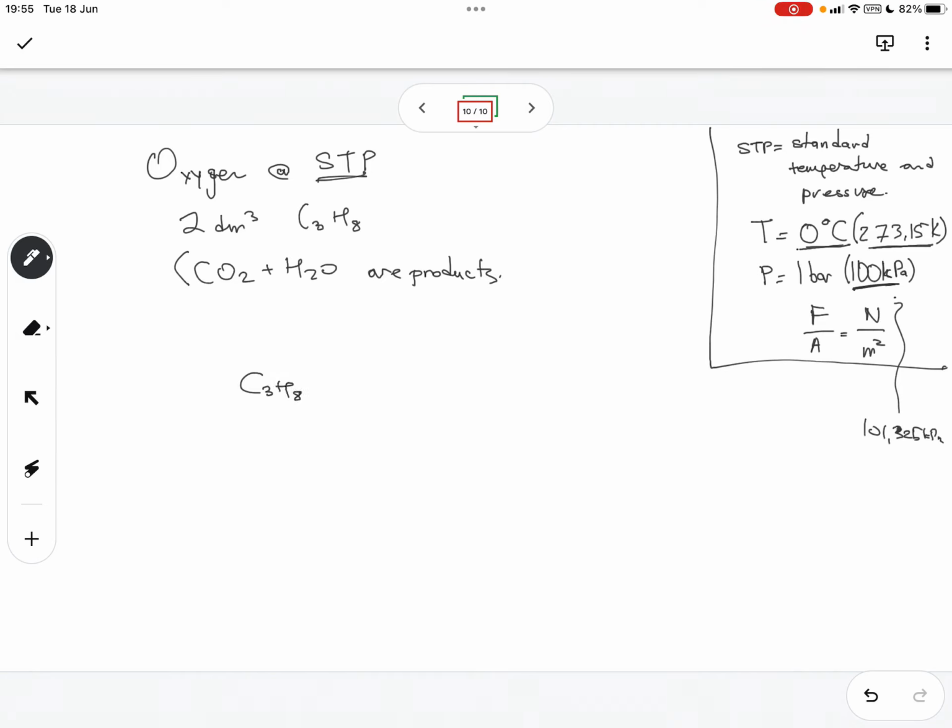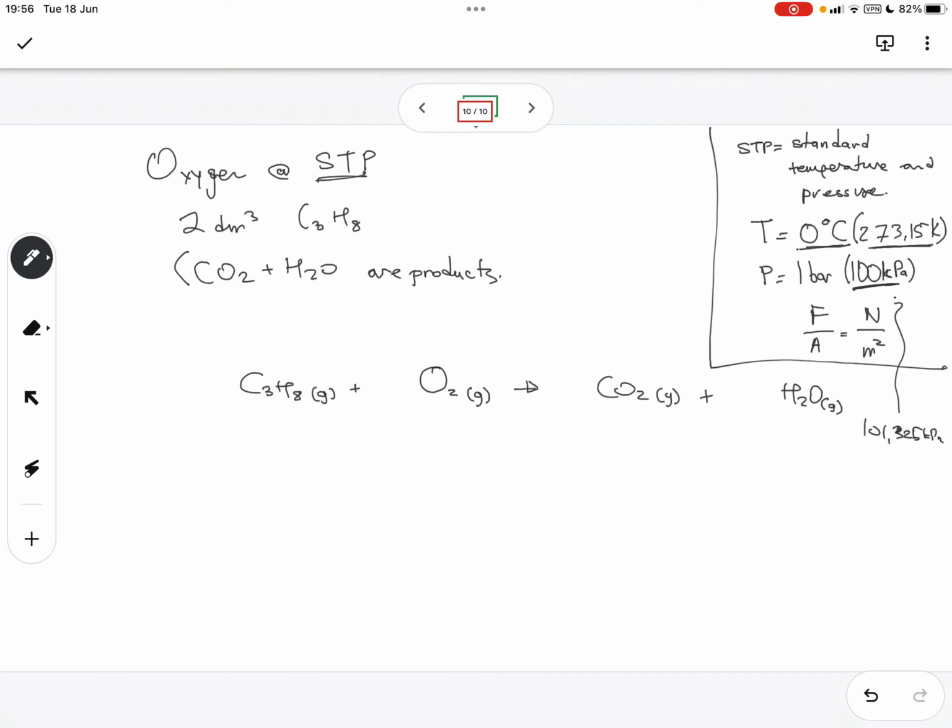That means if we have C3H8, a gas, and we heat it up in oxygen, also a gas, we should get carbon dioxide, a gas, plus water, also a gas, which is water vapor.